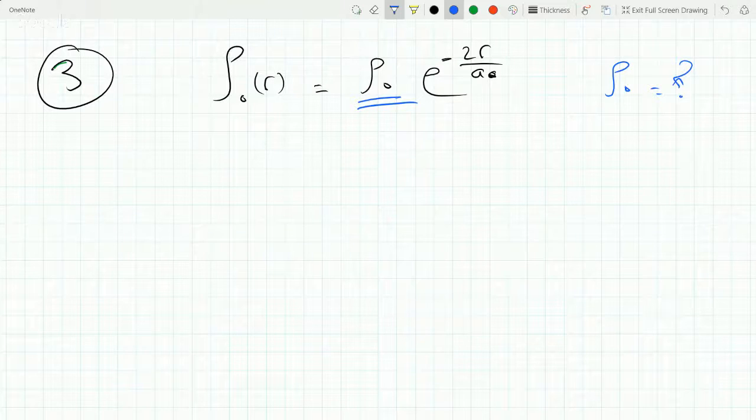Okay. And so for that, I know that the charge of the electron is going to be negative e.